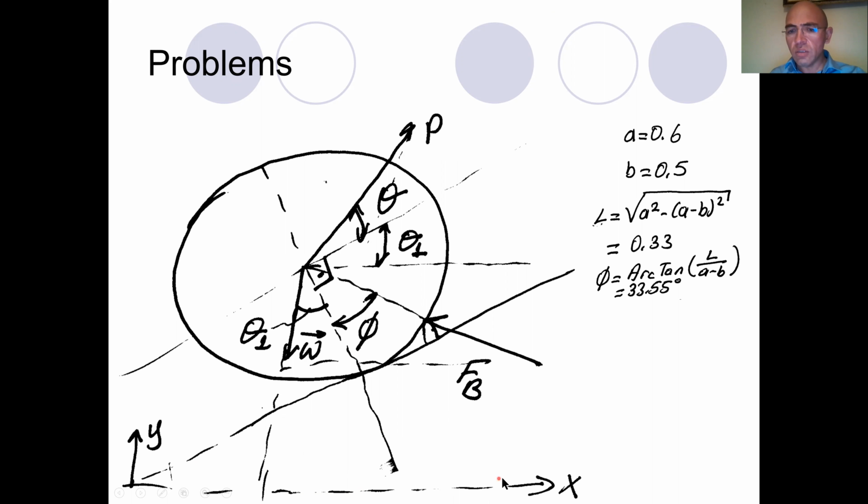Certainly, we can choose a coordinate system. In this question, there are two possibilities. One is to use the classical coordinate system. So we can choose the horizontal axis as X and vertical axis as Y. And there is another possibility.